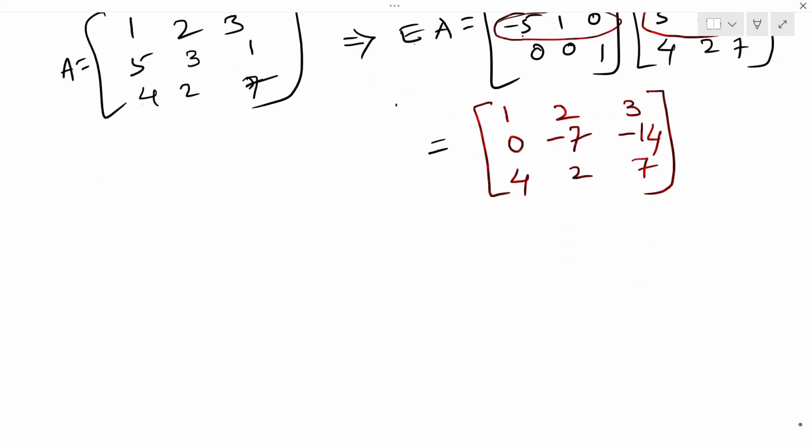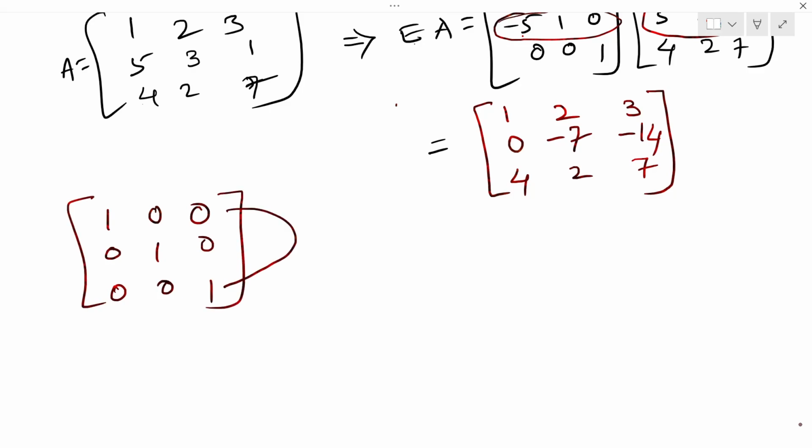Let us do another operation on our identity matrix: 1 0 0, 0 1 0, 0 0 1. Now let us interchange R1 with R3. R1 interchange with R3 is expected in the examination. So what will be the corresponding elementary matrix?